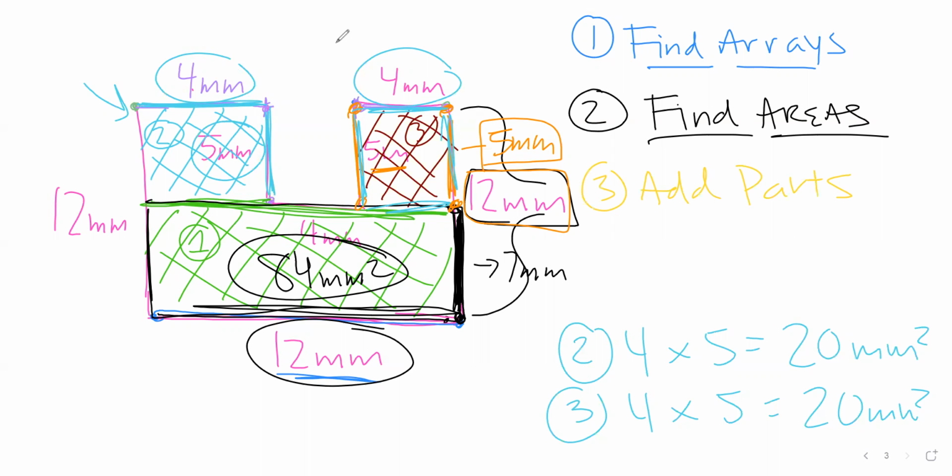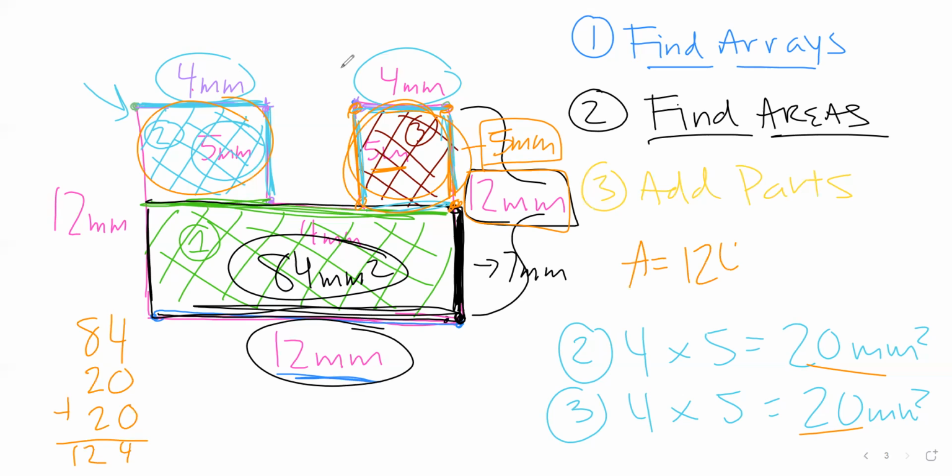Here we have the green area, which is 84 millimeters, plus this section, which is 20 millimeters, and then that other section is also 20 millimeters. So that gets me 124. My area of this entire shape is 124 millimeters squared.